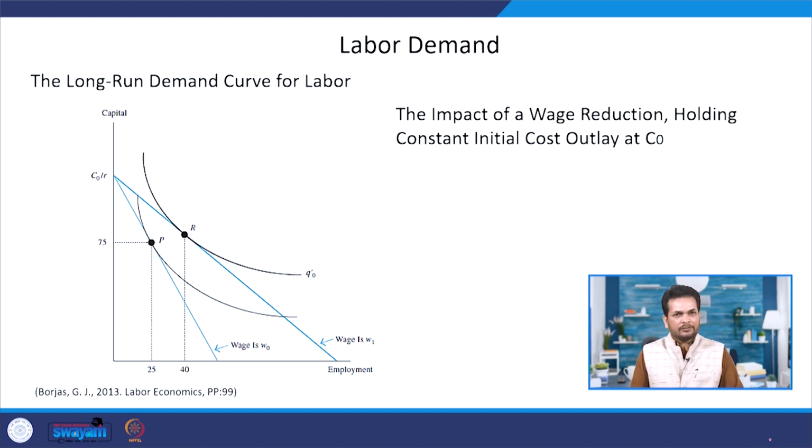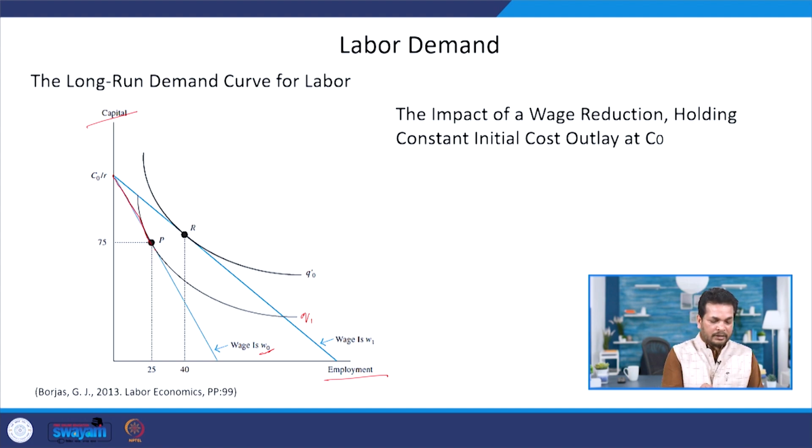If you look at this graph, on the x axis we have taken employment, on the y axis we have taken capital, and different combinations of labor and capital can produce a fixed level of output. So, initially the farm is producing, let us say, Q1 level of output with the given wage rate W0, and the isocost line is this, and the production isoquant is this.